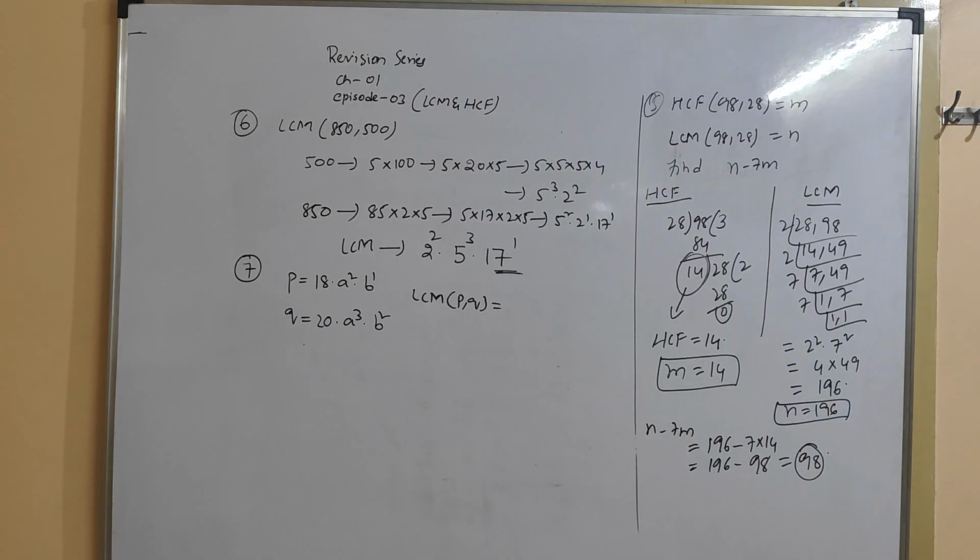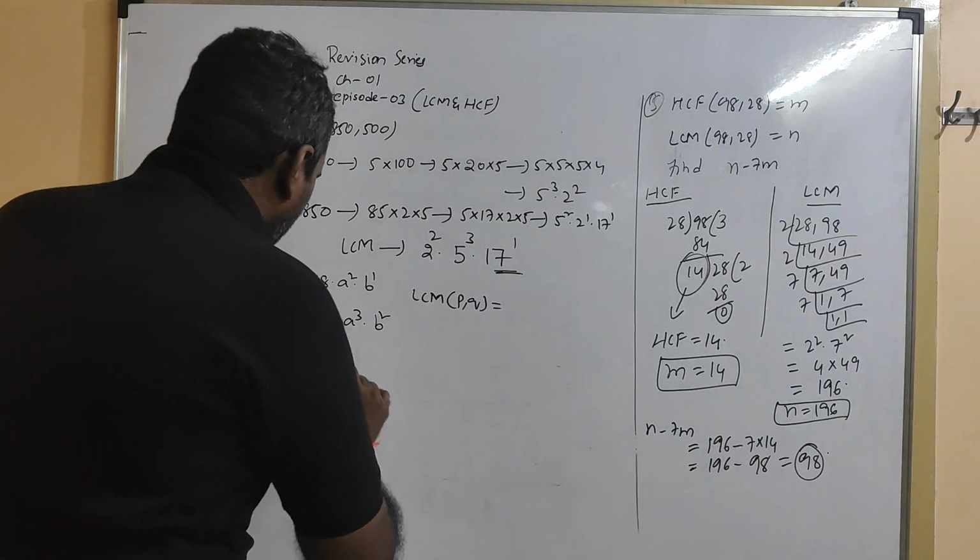If these kinds of questions are given, a mixing of numbers and alphabets, and they are asking to find LCM or HCF, you forget about the alphabets and perform the LCM for the numbers.